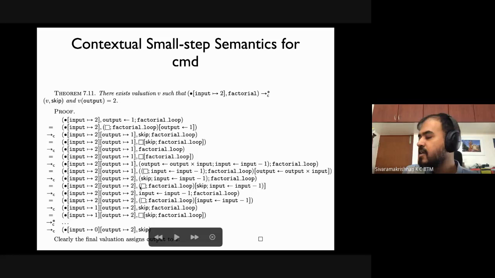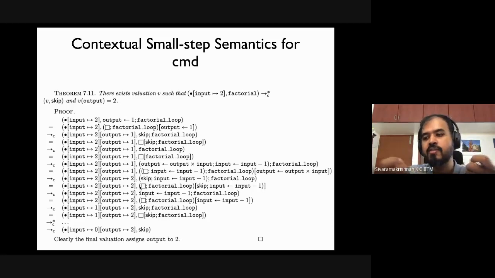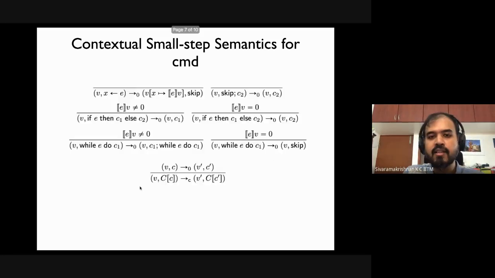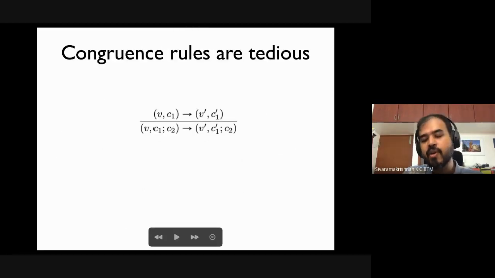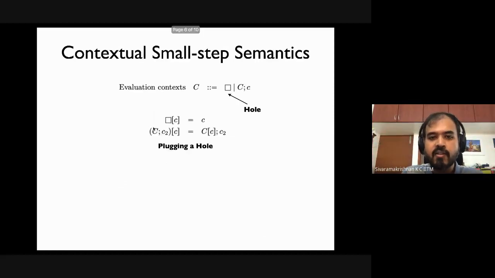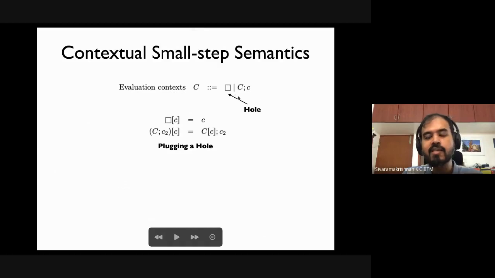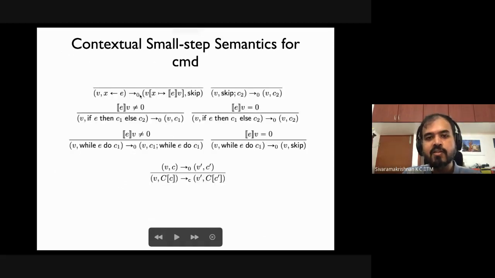This might seem like a tedious addition to what we had, because we only have this single administrative reduction in the original thing, right? But typically, if you extend the language to have more interesting structures where commands can appear everywhere, then this sort of splitting into evaluation context and the interesting rules makes sense.